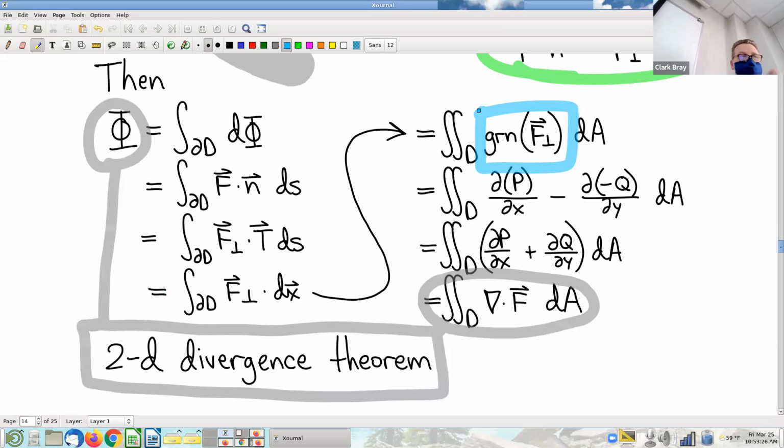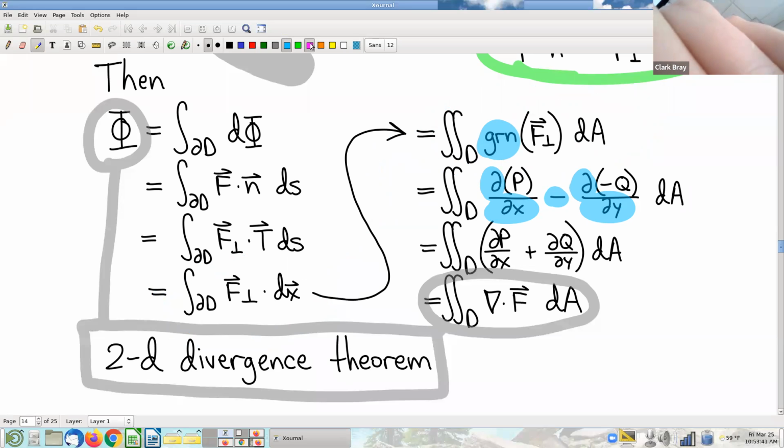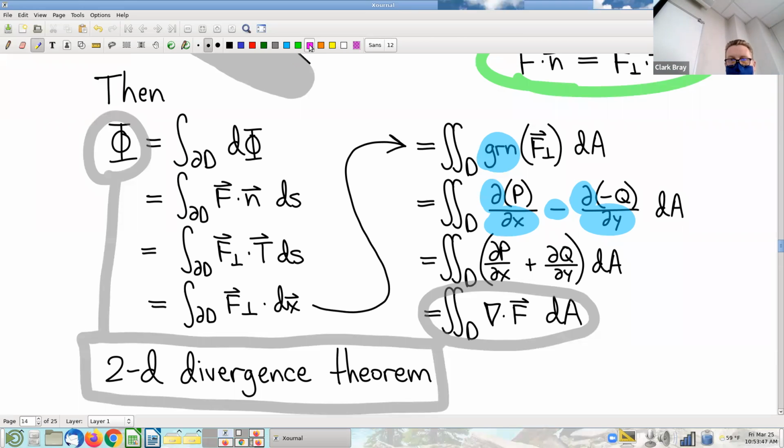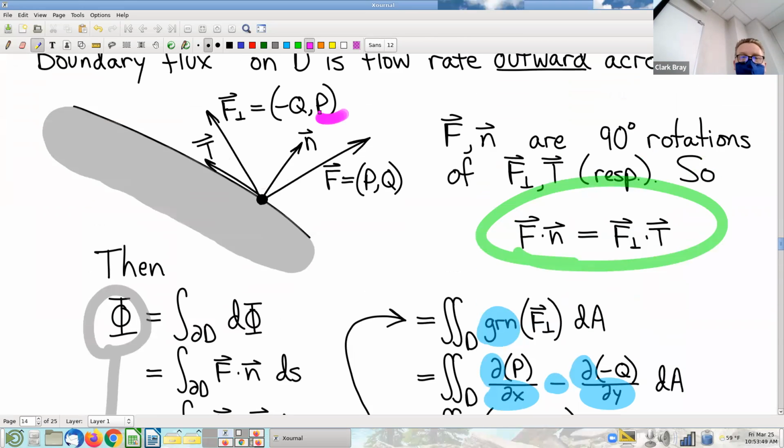Okay, well, remember Green's operator is an x partial minus a y partial. And let's be careful about this. People get accustomed to saying dq dx minus dp dy, right? But really it's the x partial of the second component of the vector field. The second component of f perp is p.